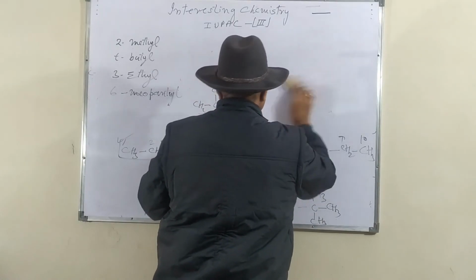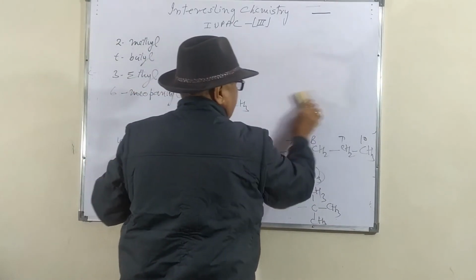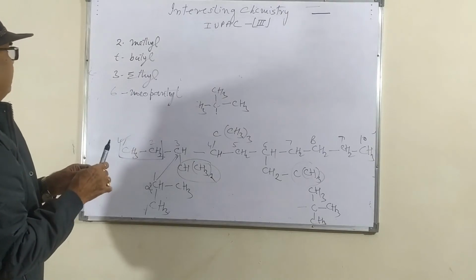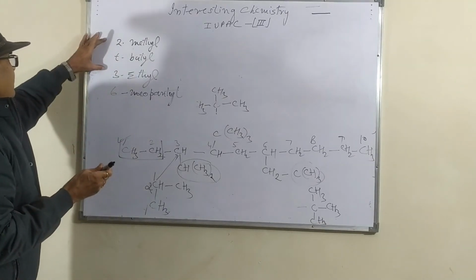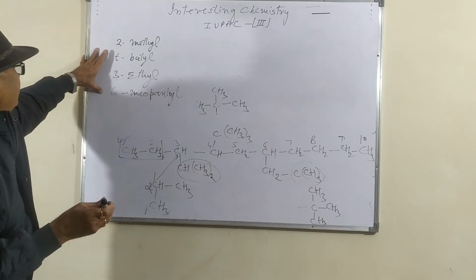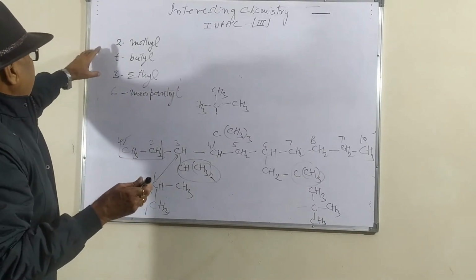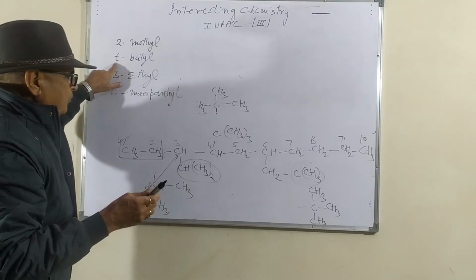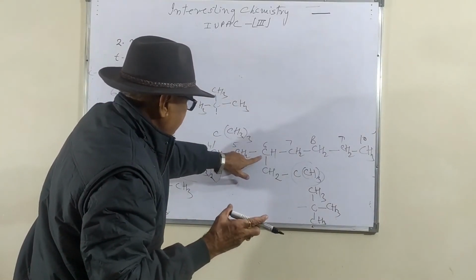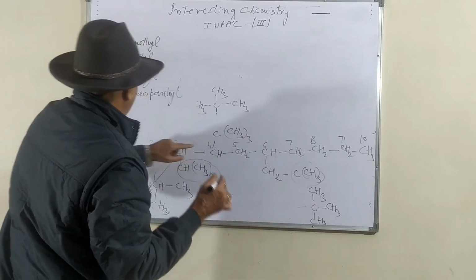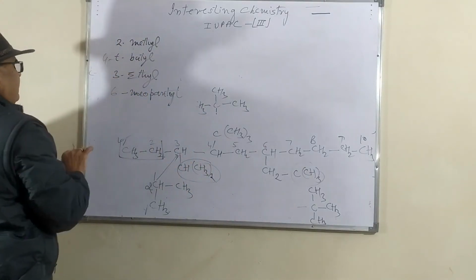Now understand how you will write the name of this compound. Now I write the full name of this. Which substituent group will come first according to the alphabetical order? So here it is tertiary butyl. It is T. Tertiary butyl is on the 4th carbon, so 4-tertiary butyl.